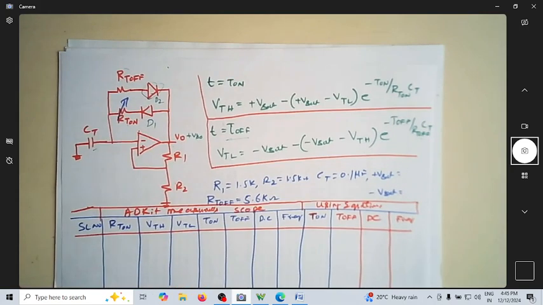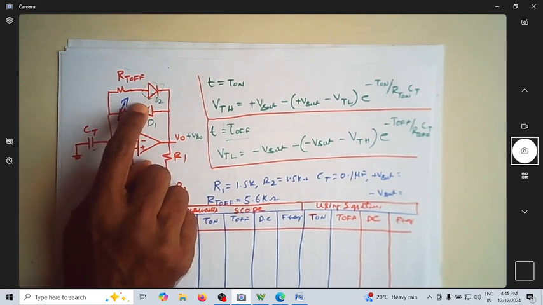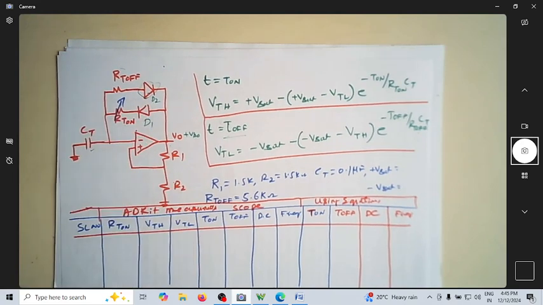For that, I'll make a slight change in my circuit diagram. So let me take this circuit diagram and do that. I'm now connecting this here. I'm using one of the resistors as a fixed one, and I'll use the other one as a variable.